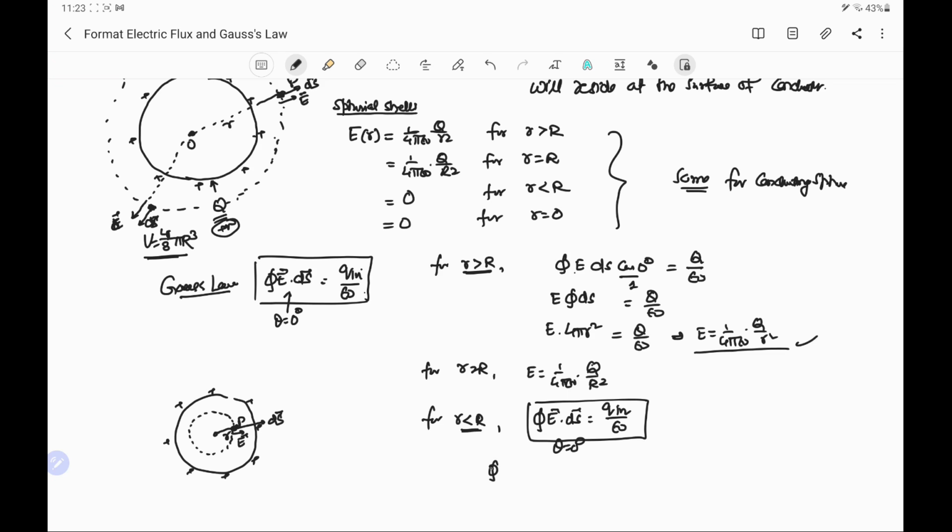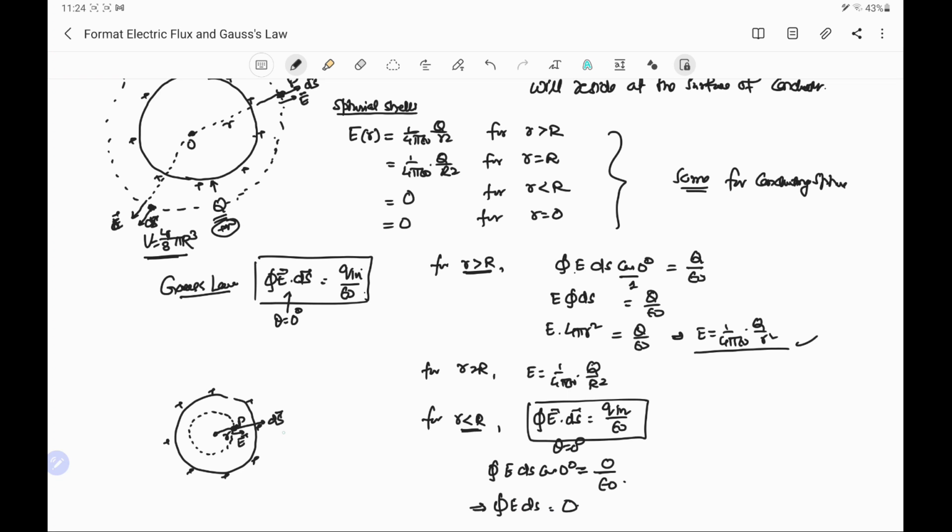So we can write integral E ds cos 0 equals charge enclosed by the Gaussian surface, which is 0. Why 0? Because the total charge resides at the outer surface and the Gaussian surface is inside the outer surface. Therefore, there will be no charge inside the Gaussian surface. Hence, charge enclosed is 0 divided by epsilon naught. So integral E ds equals 0.